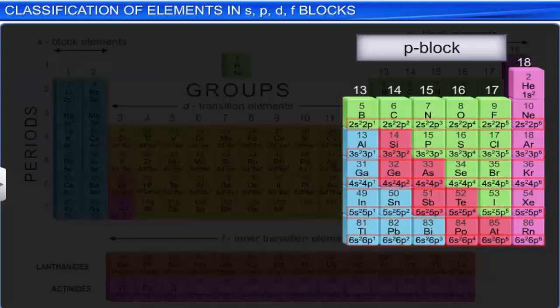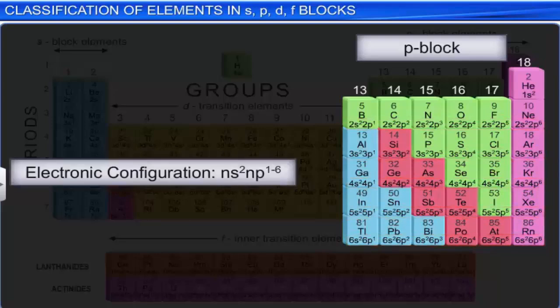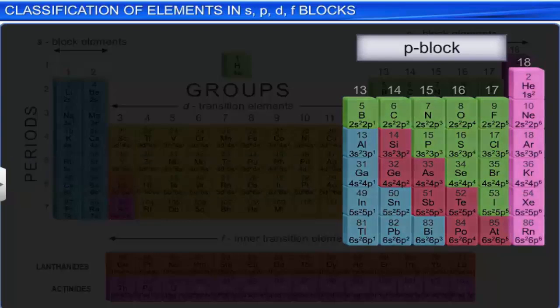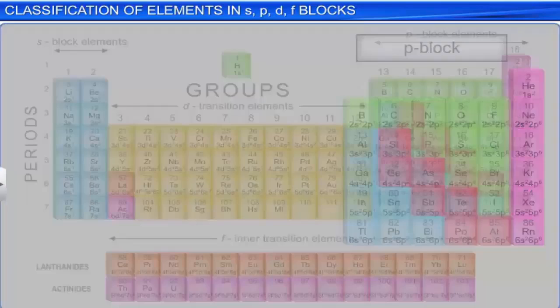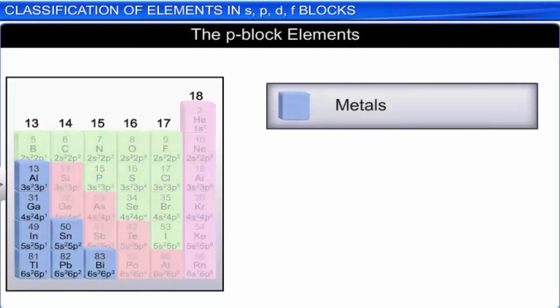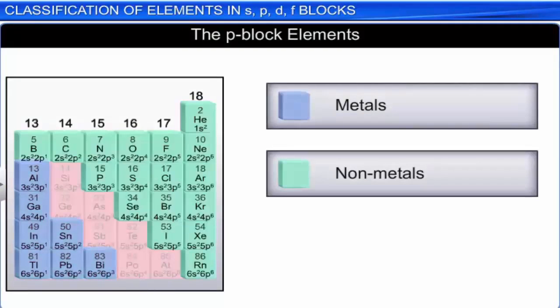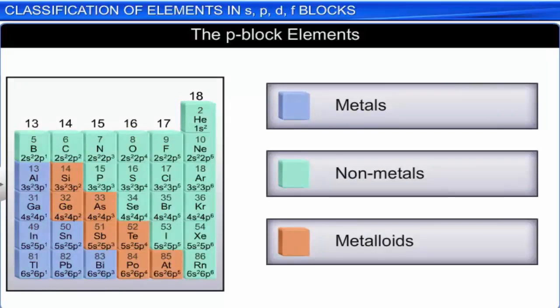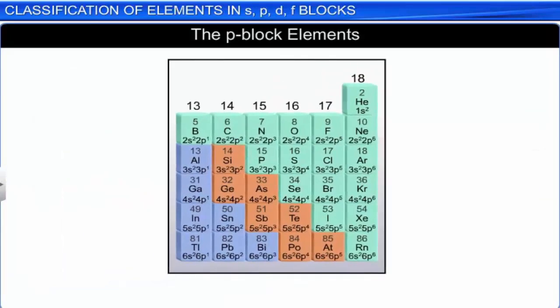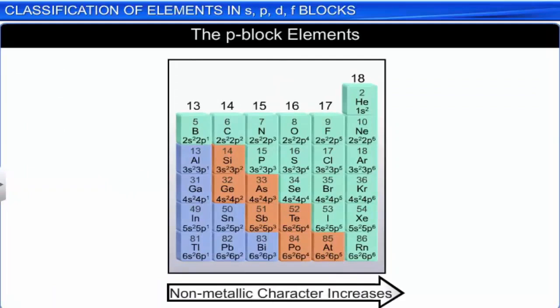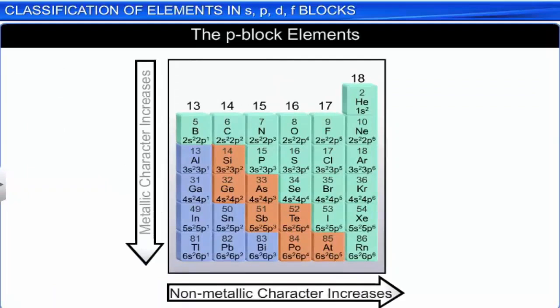This results in an outermost electronic configuration varying from ns2 np1 to ns2 np6 in each period. At the end of each period is a noble gas element with a stable configuration of ns2 np6. The P block consists of metals, nonmetals, and metalloids. The non-metallic character increases across a period and the metallic character increases as we go down the group.